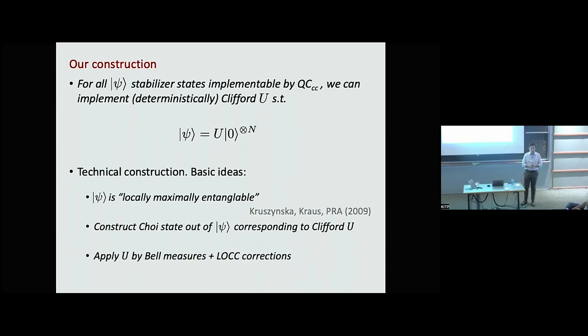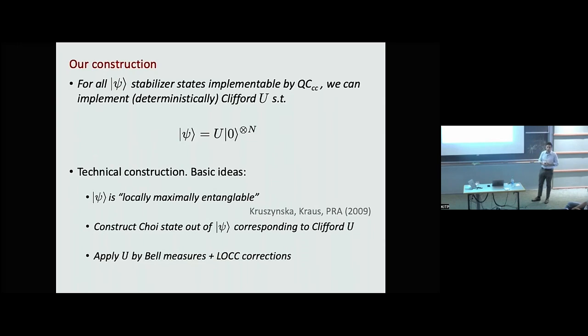What we can do is to engineer a unitary out of this, which prepares the state starting from a product state. Just for the expert, the idea is the following. We use the fact that a stabilizer state is locally maximally entanglable, which means that you can always couple it locally to some ancillas, and by using local unitaries, you can create a maximally entangled state between system and ancillas. And then you can show that you can choose this in such a way that the resulting state is a Choi state of a Clifford unitary operation.